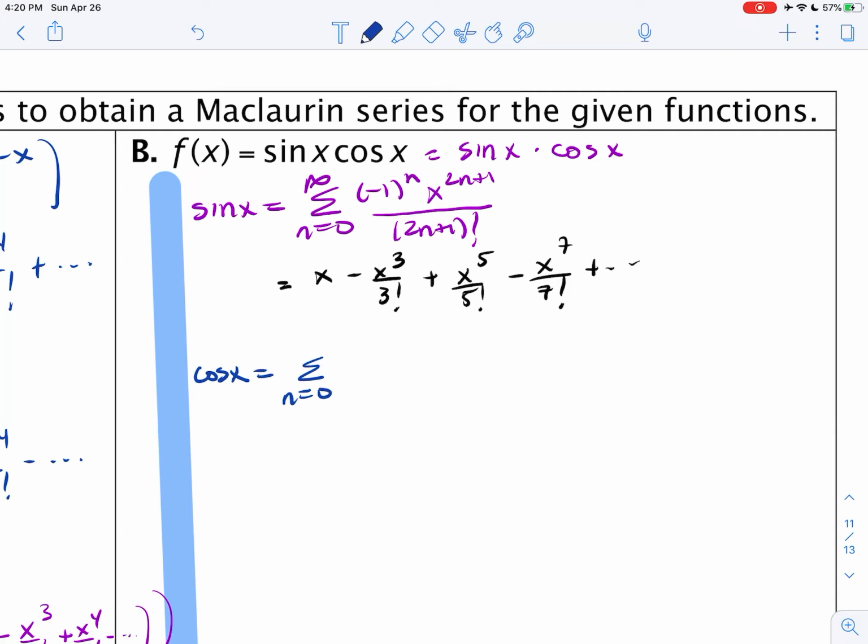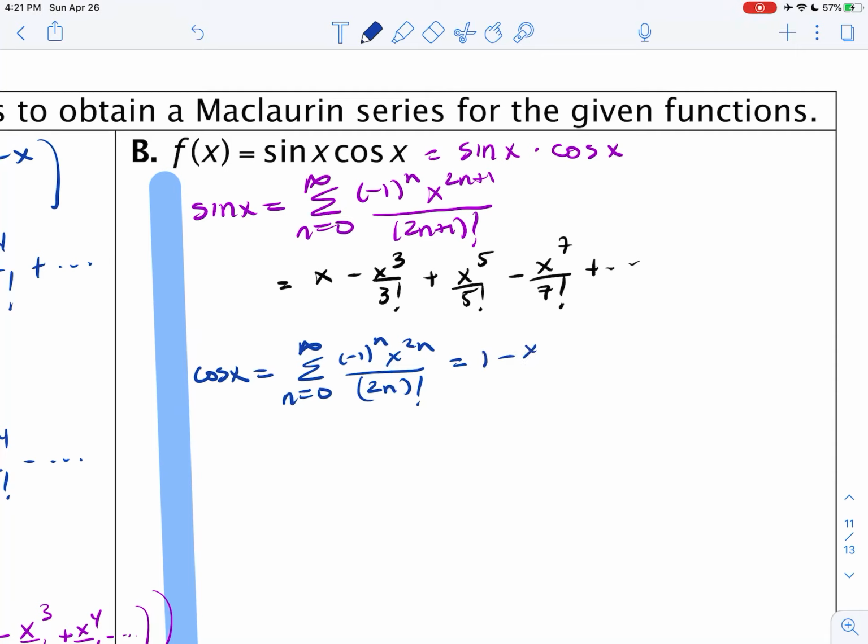With cosine, we have cosine as an even function. That's how I tend to remember which one has even exponents and which one has odd. Cosine's an even function, so we know that we've got x to the 2n in our series expansion. And we end up with the sum from n equals 0 to infinity of minus 1 to the n times x to the 2n over 2n factorial.